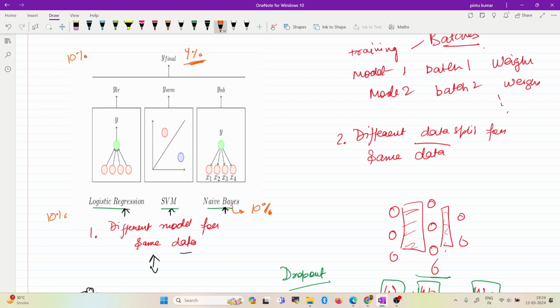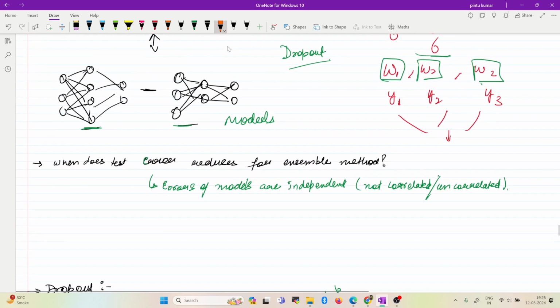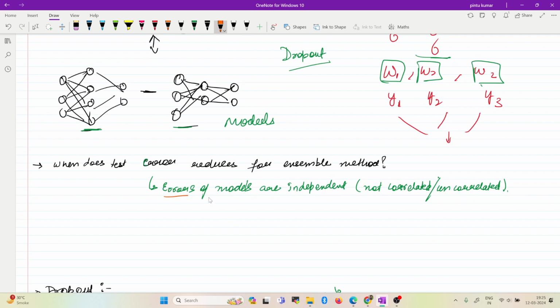One possibility is that the places where logistic regression was making error, those 10% of points, I can make correct predictions at those points only if the other two are making correct predictions there. So at the points where logistic regression is making error, SVM and naive Bayes should do well. Only then can I reduce my overall test error. So the answer is that the errors of the models are independent of each other.